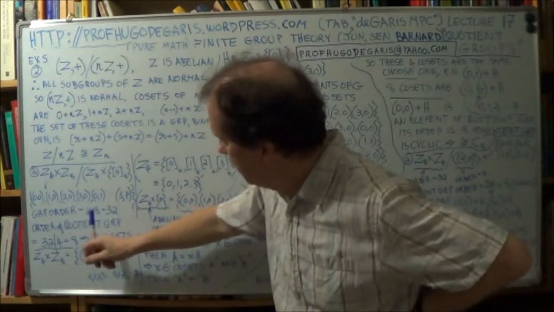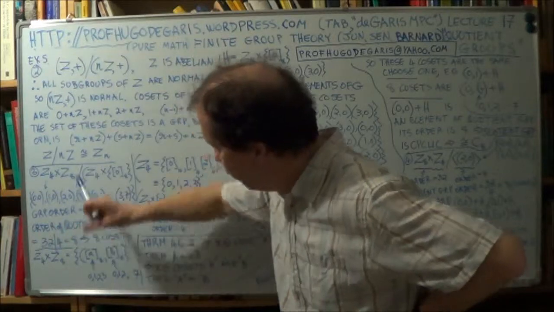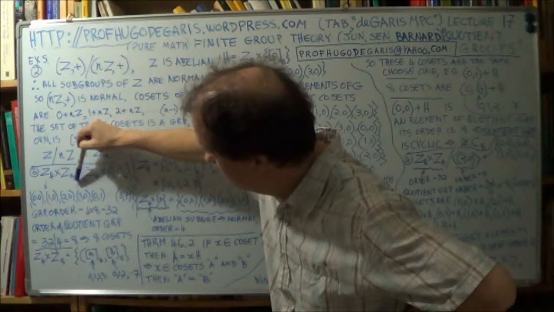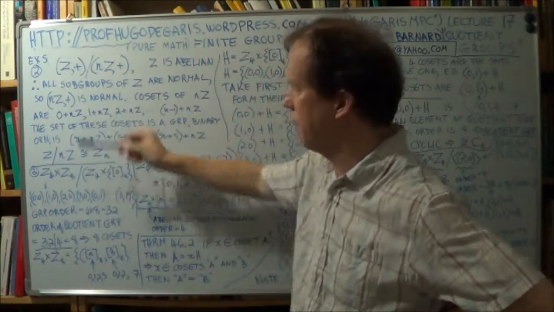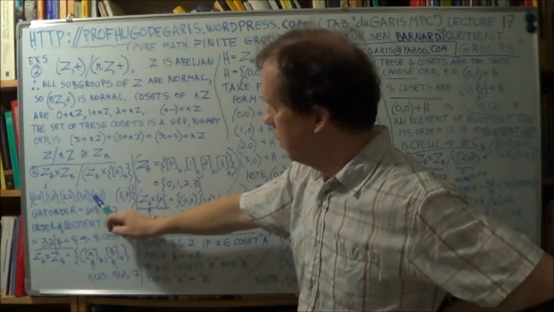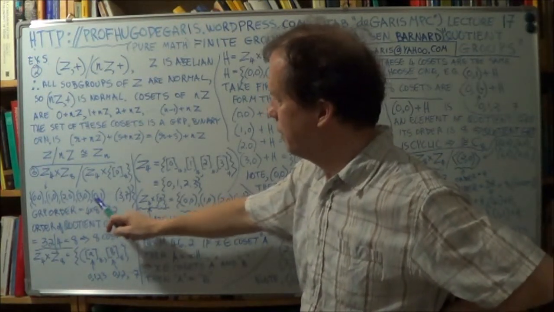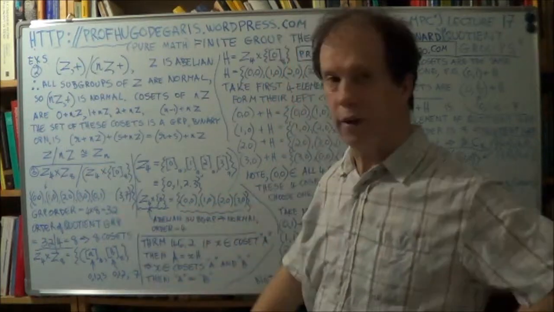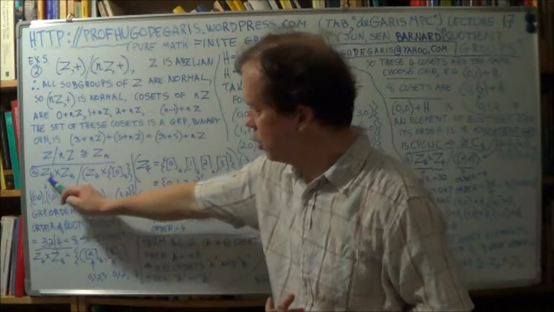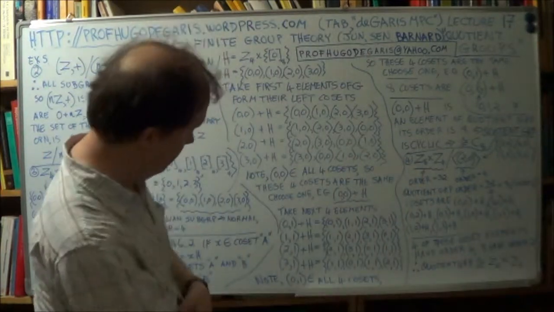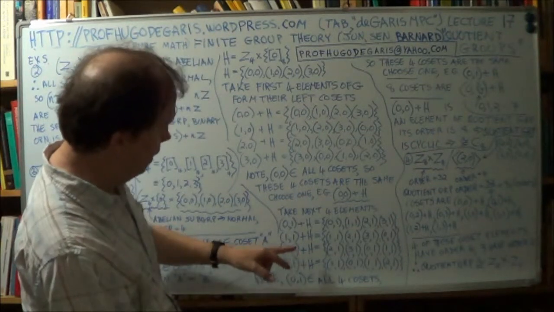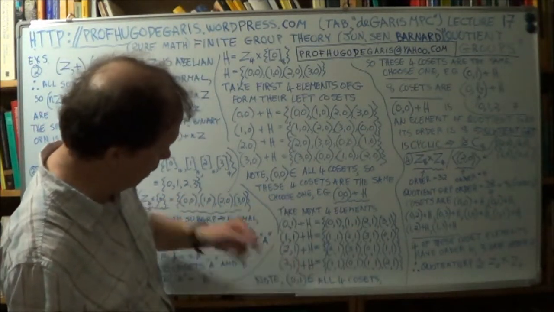Now let's take the next 4 elements, little g's, of your set big G, right? The next 4, and they will have the form 0,1; 1,1; 2,1; 3,1. The second block of 4 elements of big G. And form their cosets.